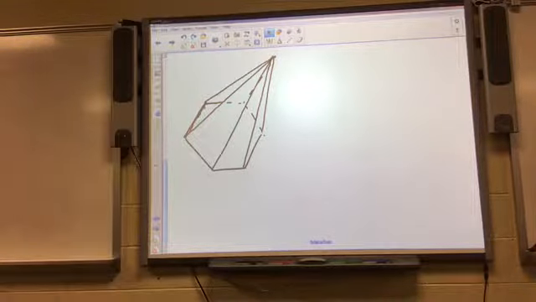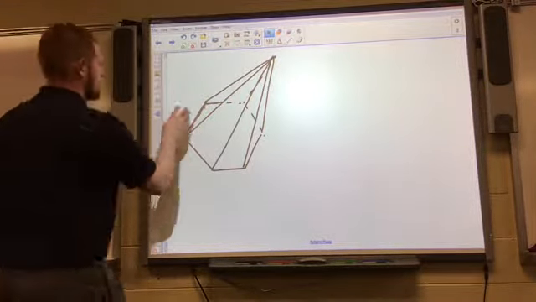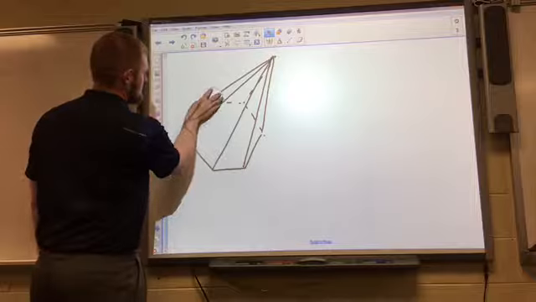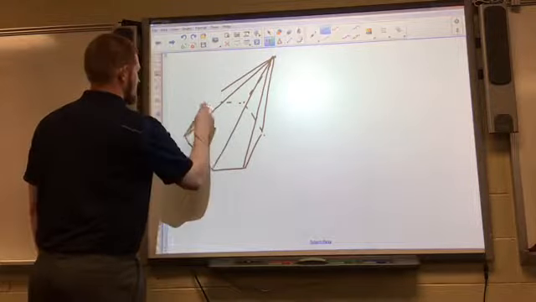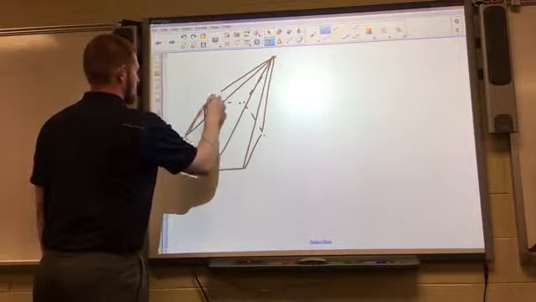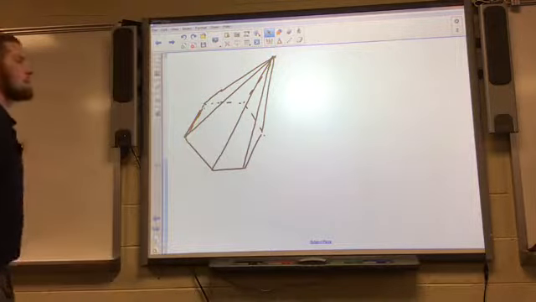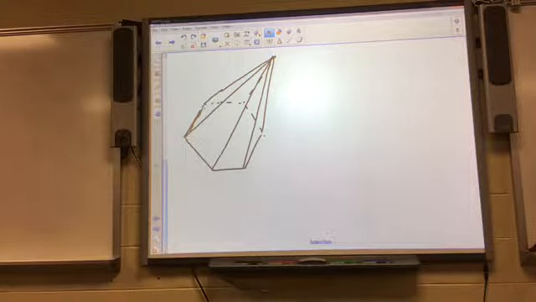I messed this up though. There we go. Hey, we see what I got going on here? It's a hexagonal pyramid, but it's oblique, so it's kind of slanted on us.